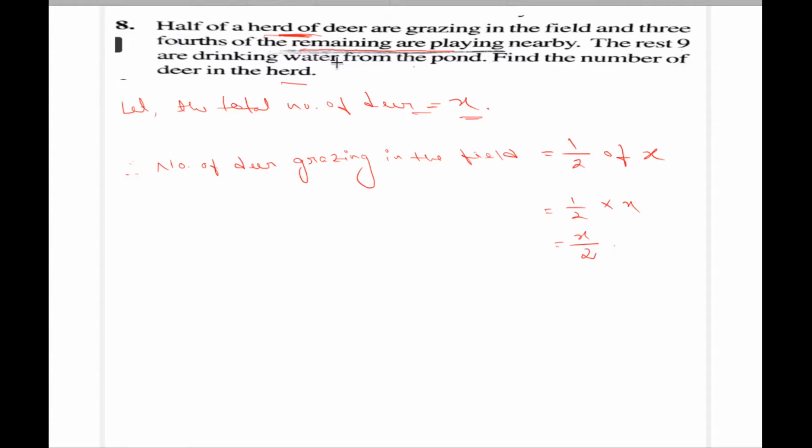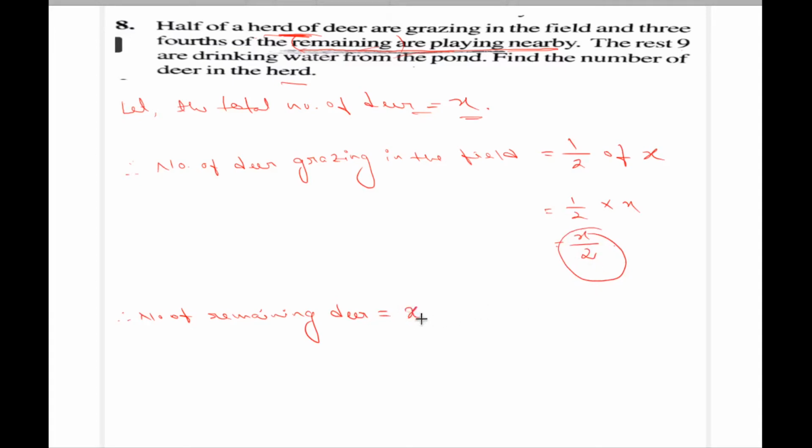Okay. Now 3/4 of the remaining are playing nearby. Remaining. So first we have to find out the number of remaining deer. x by 2 deer are grazing. So what is the remaining number of deer?